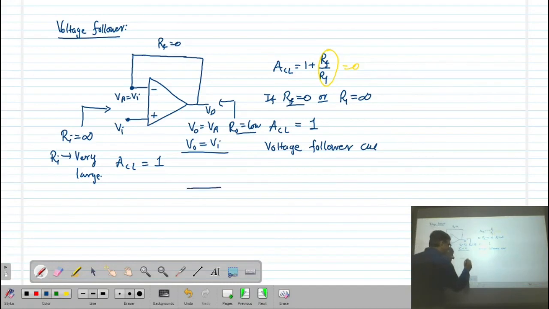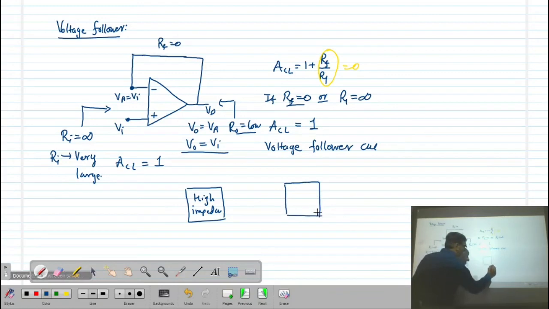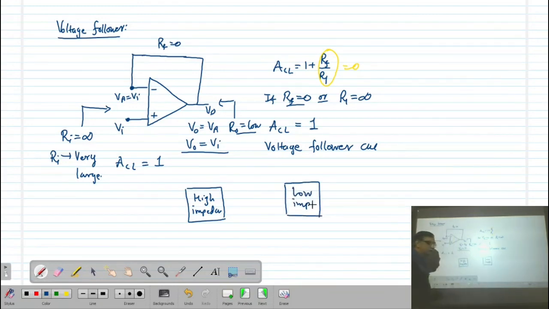Suppose we have a high impedance circuit and my load is of low impedance. Then you cannot connect a low impedance directly to a high impedance. The signal will be distorted, there will be loss of the signal, as well as a mismatch between this impedance.